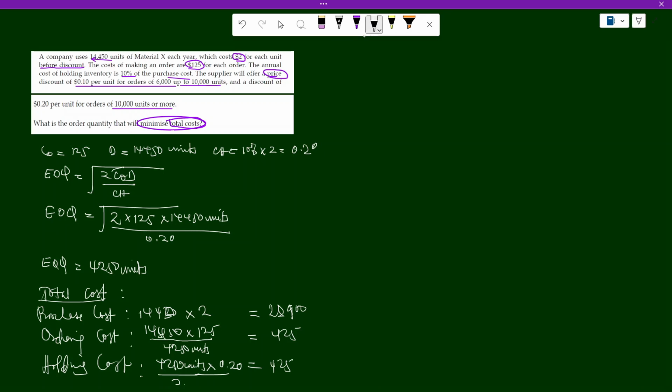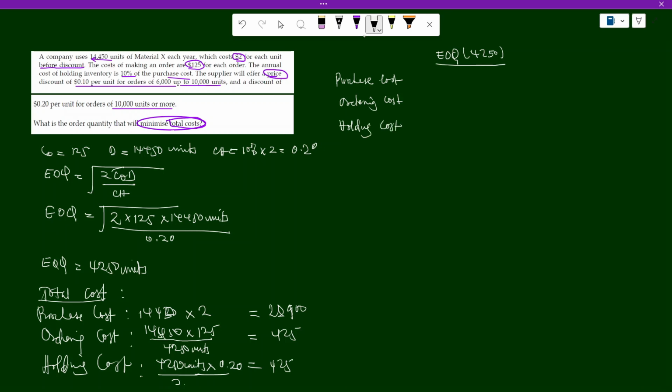So at the economic order quantity of 4250 units, now the total cost. Here we are looking at the purchase cost, which we have already calculated. We have the ordering cost, and we have our holding cost.